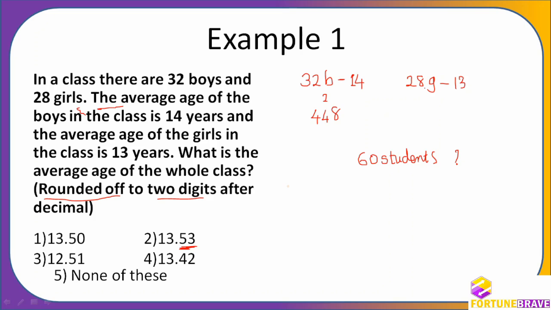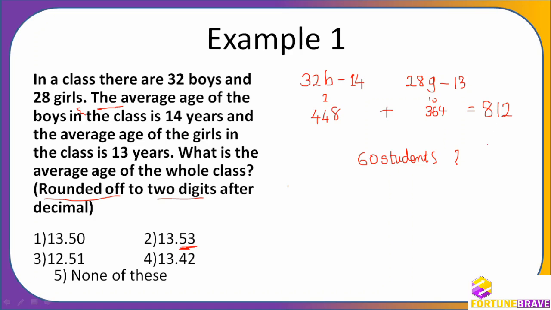Now 28 into 13. 13 twos are 26, so 364. Now I'll add these two to get the total sum. What is the total? The total is 812.